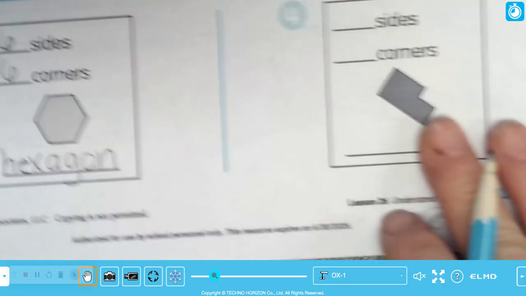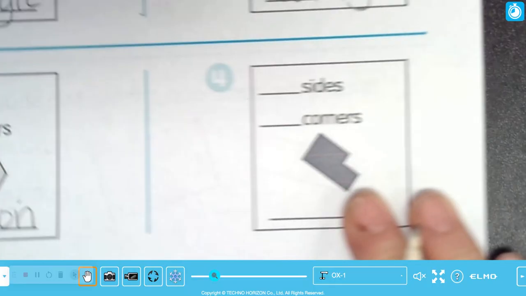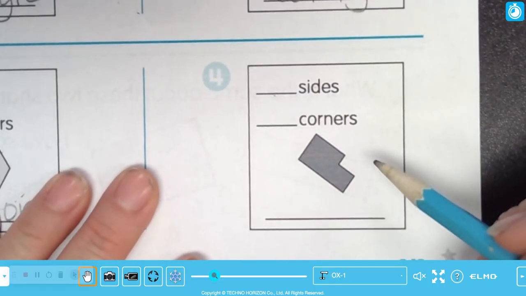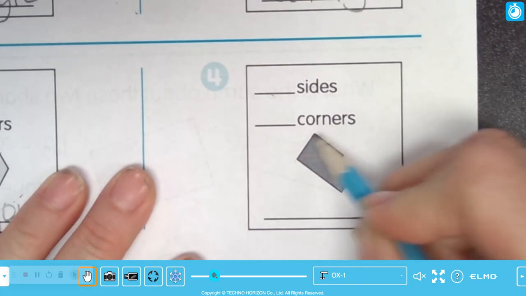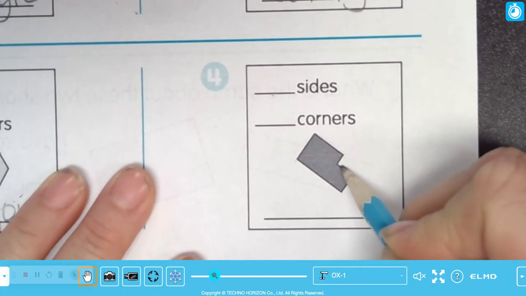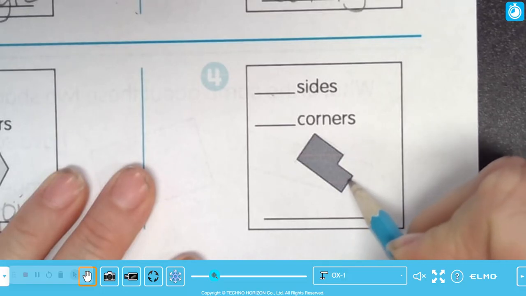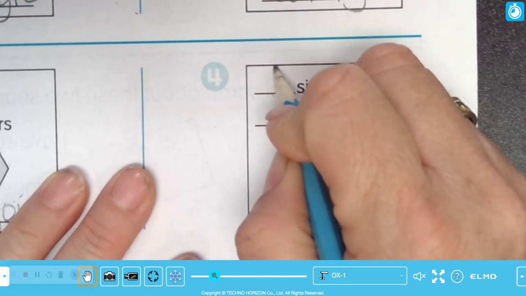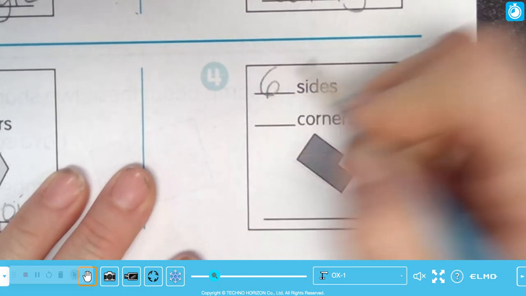Okay, now we're going to move on to this one right here. This one says blank sides, so we've got to count the sides, so let's do that. 1, 2, 3, 4, 5, 6. So let's write 6.